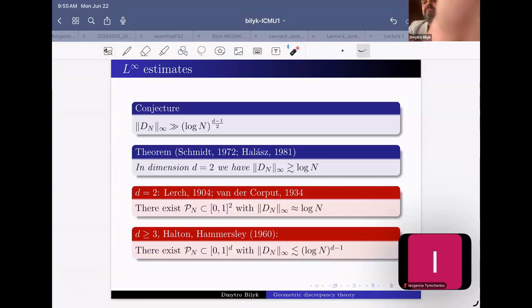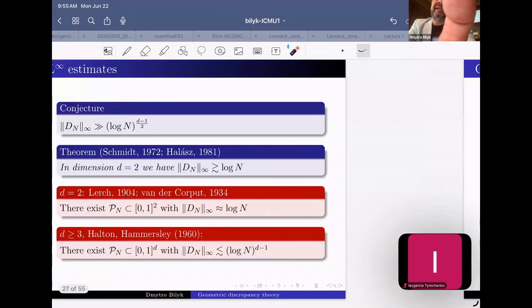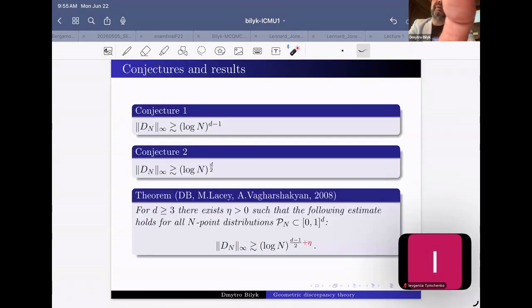Just because we don't know how to construct anything better, maybe this is the correct order of magnitude. There is a different conjecture, log n to the power d over 2. And notice that when d equals 2, these are equal, so you get power 1, which we already know. But unfortunately, very little is known.